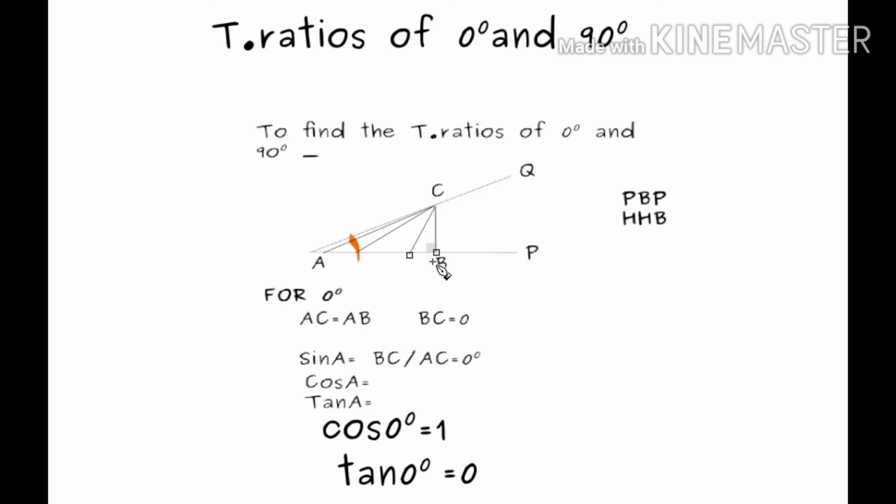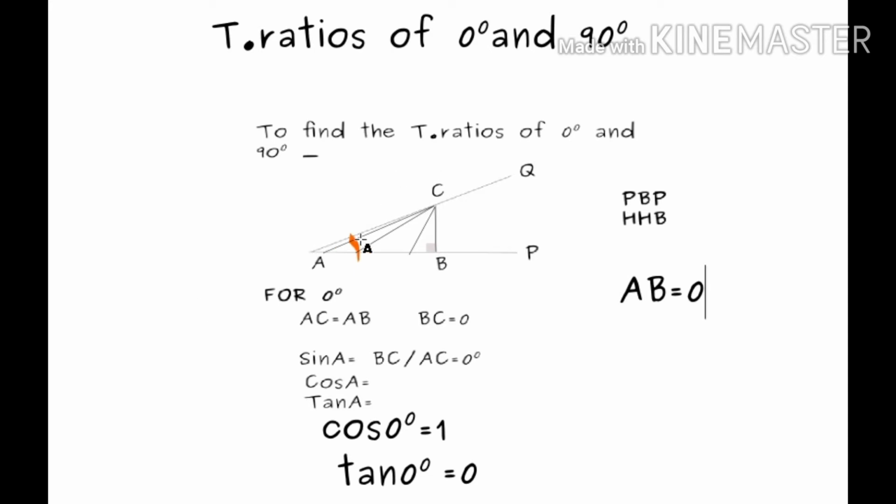Understand? Now the theta angle becomes equal to 90 degree, and for this the length of AB is equal to 0. So let me write here, the length of AB is equal to 0. And what about the others?